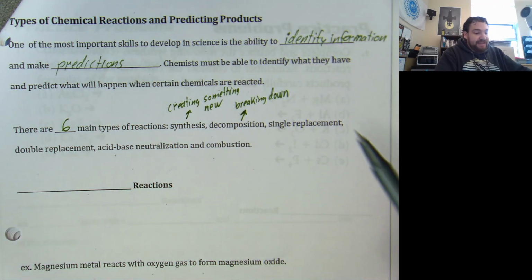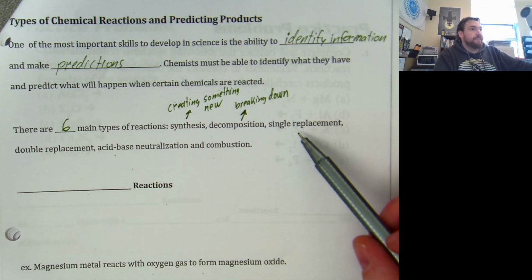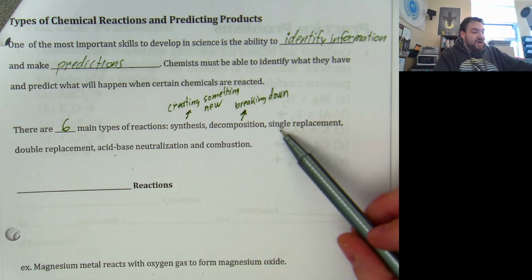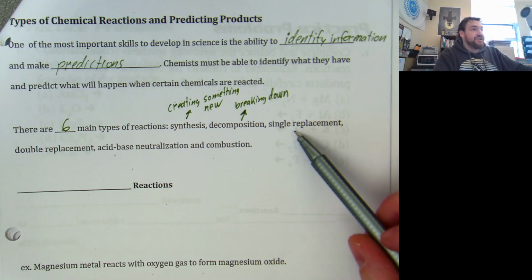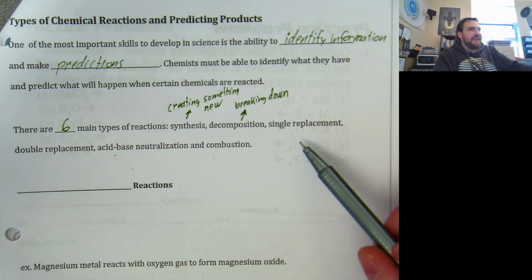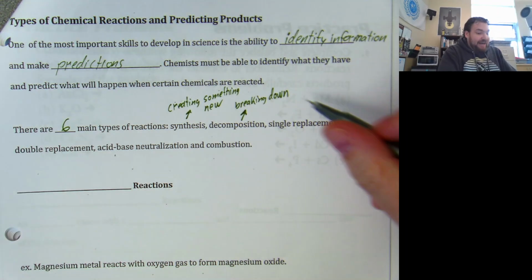Single replacement. Based on those two words, what do you expect this reaction type to do? One thing is going to replace one other thing in something that's more complicated. It's the distracted boyfriend meme.